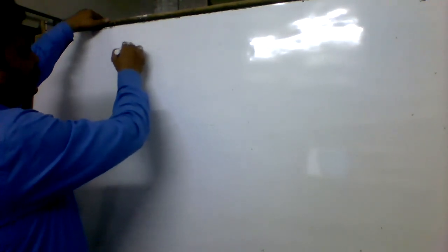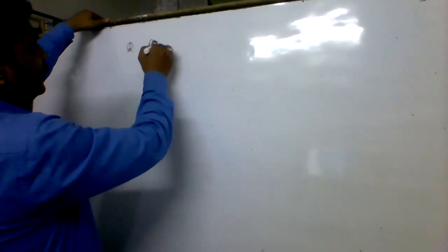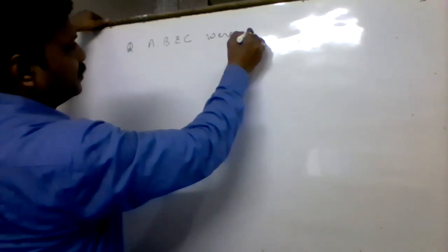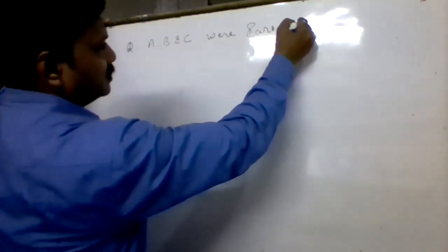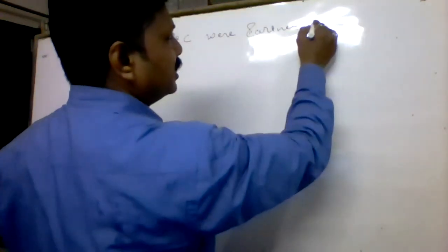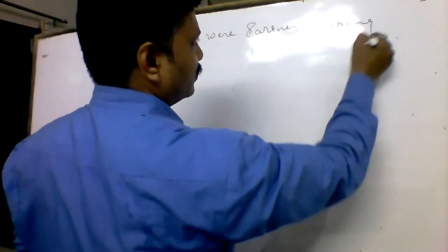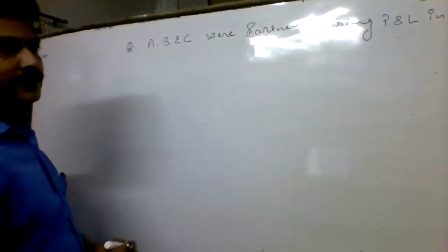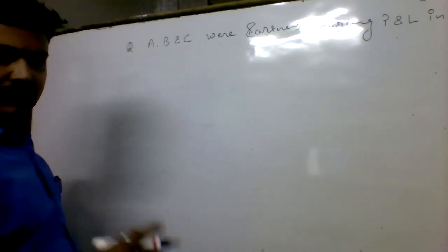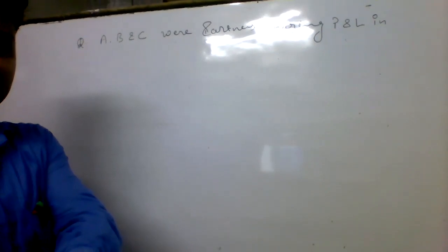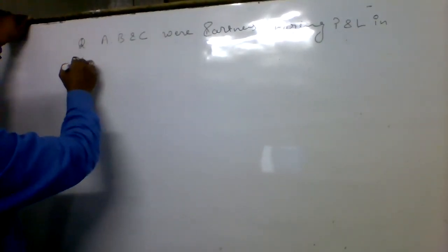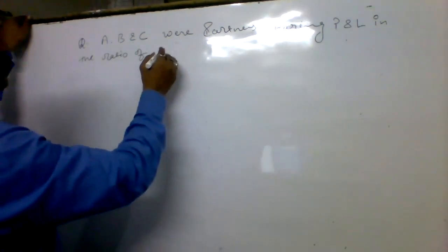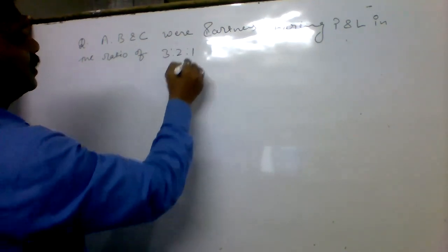Suppose that A, B, and C were partners sharing profit and loss in the ratio of 3:2:1.